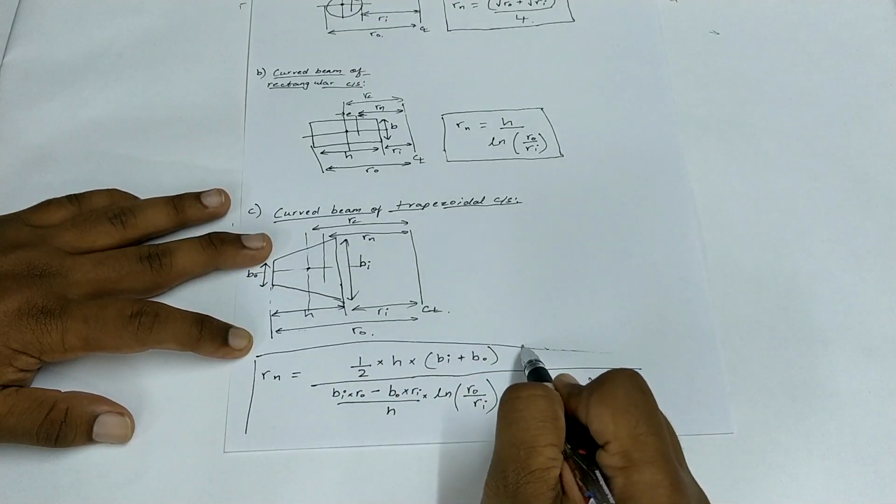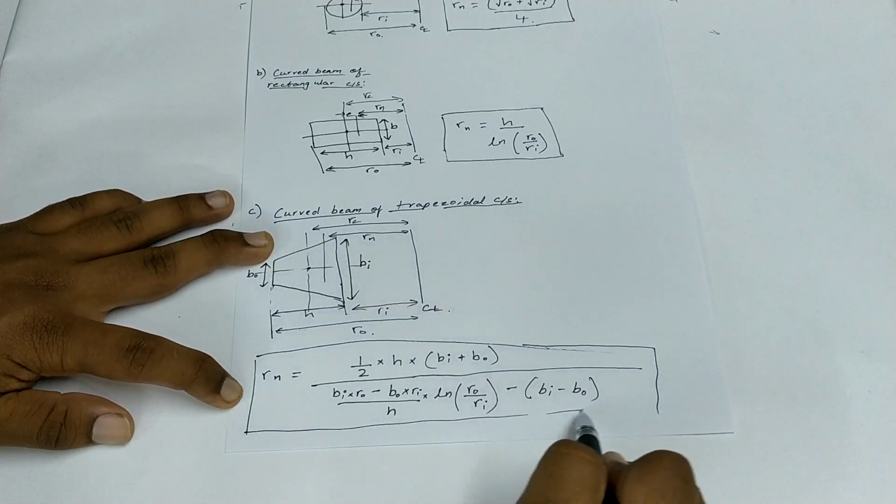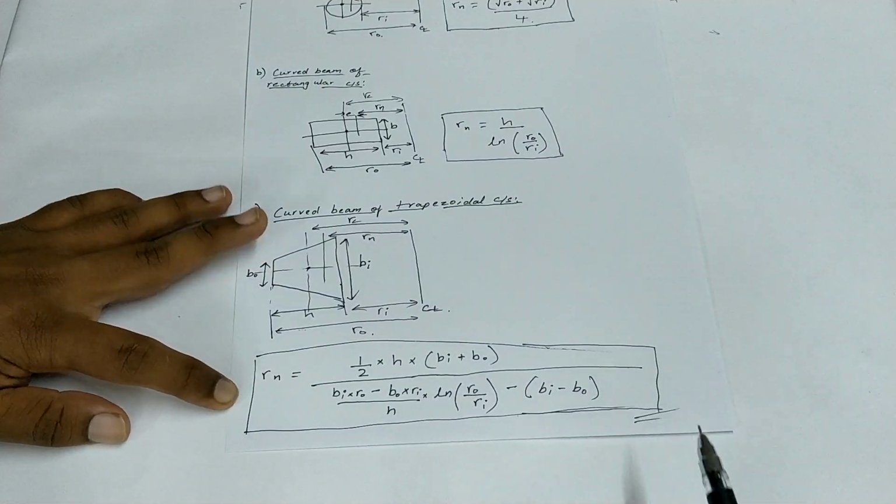So this is the expression for the radius of the neutral axis for a curved beam of trapezoidal cross section.